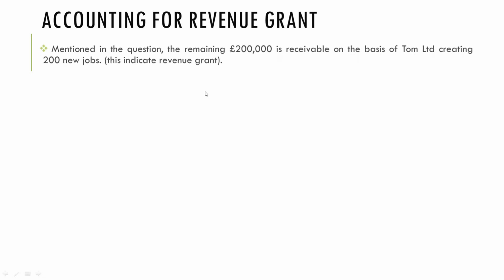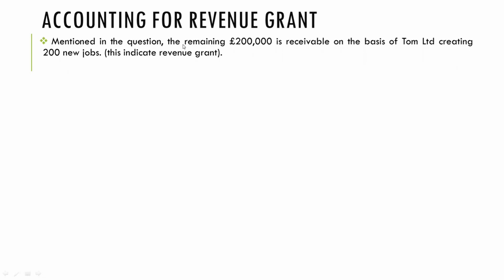Alright, so what about the revenue grant? Okay, revenue grant of 200,000 ringgit. Okay, so as mentioned in the question, the remaining 200,000 grant receivable is on the basis of Tom creating 200 new jobs. So this indicates a revenue grant.